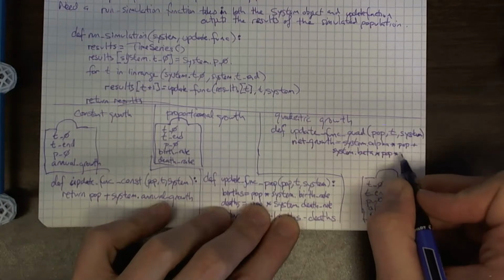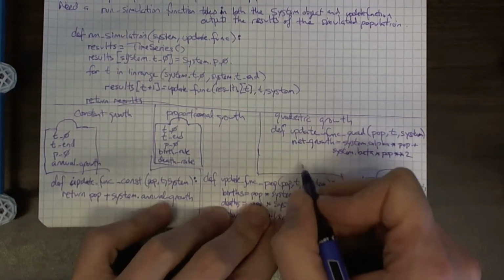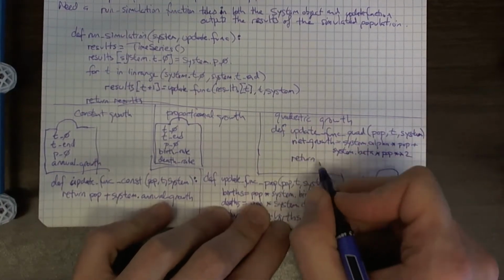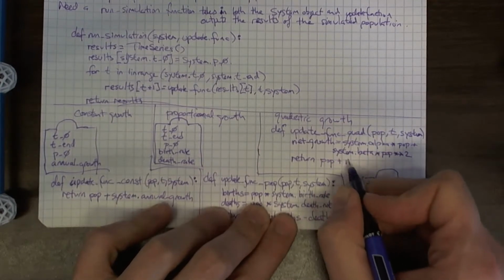To do that, you do population star star 2. And then we return the population plus the net growth.